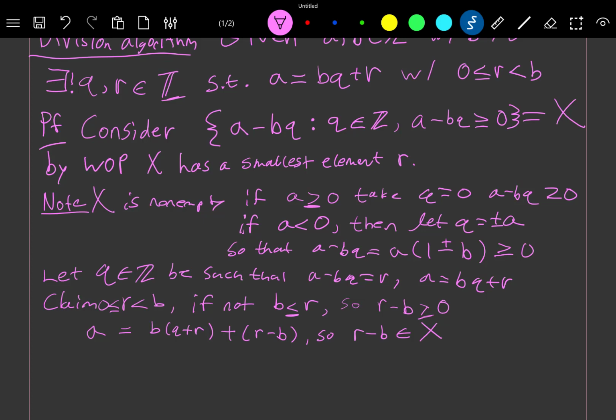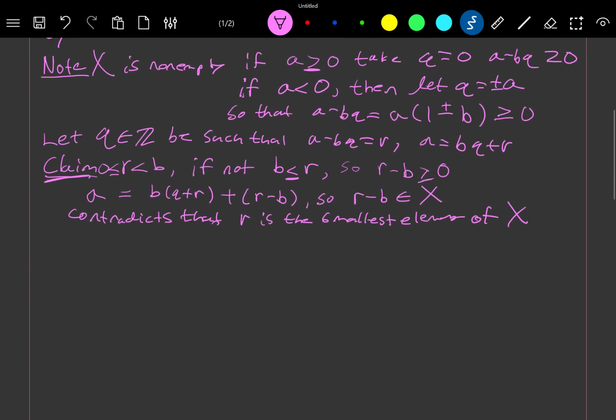So r minus b is in X, but this contradicts that r is the smallest element of X. So from this, we conclude that r is between 0 and b. So that gives us the existence of such a q and r. The next part we have to do is the uniqueness.